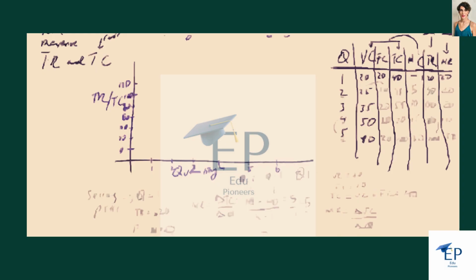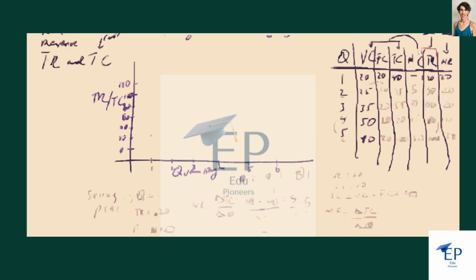Total revenue, you can see, is this column. This is the column for total revenue, and then if you graph it, you have 1 and 20, for example. You have 2 and 40. So let's just try and be as precise as possible.